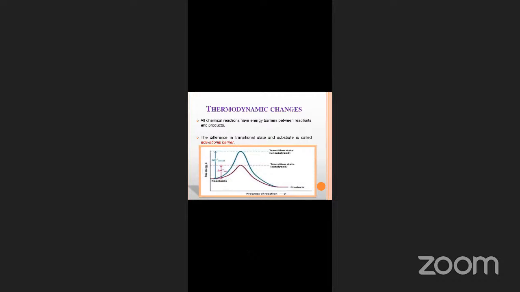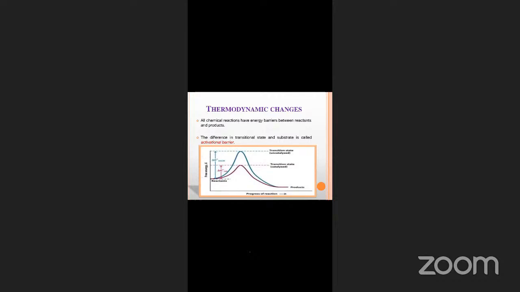These reactants have to cross all that peak, they have to go to the top, reach that much energy, and only then can they convert into product. When it is converted into product, the energy level drops again. So first it has to take up that much energy to convert itself into product. This green color one is the uncatalyzed reaction.